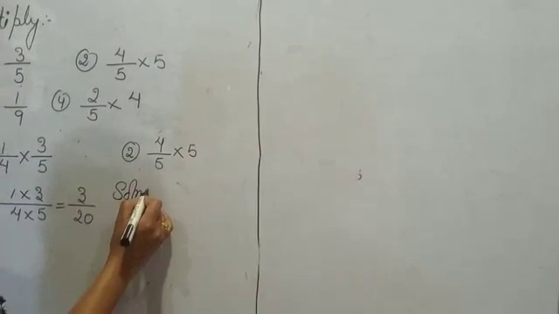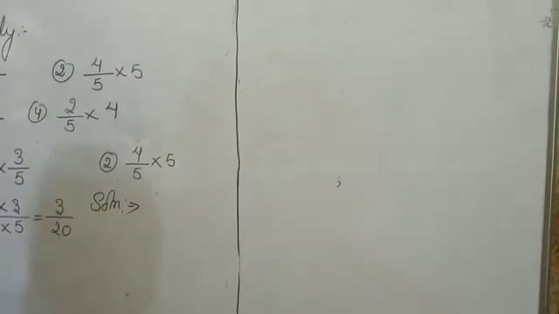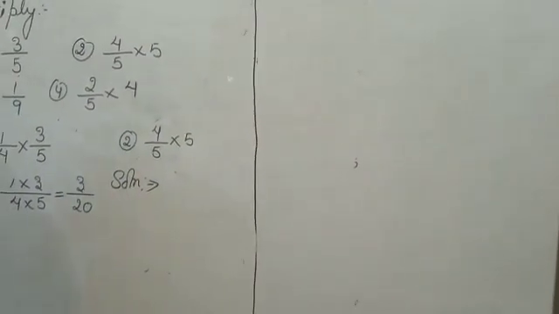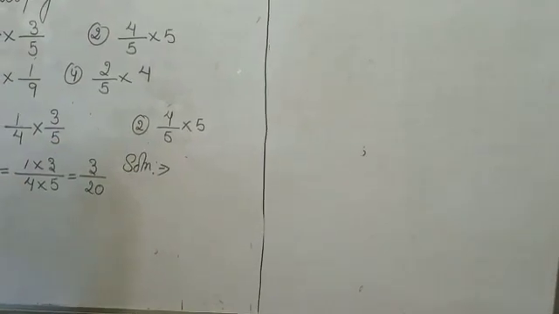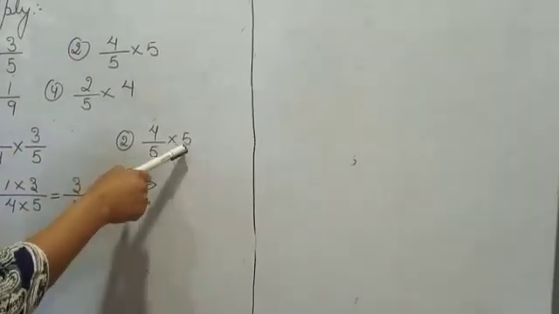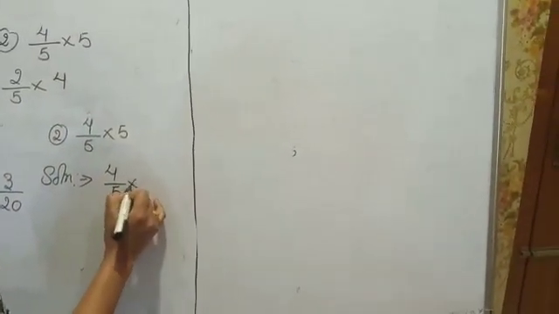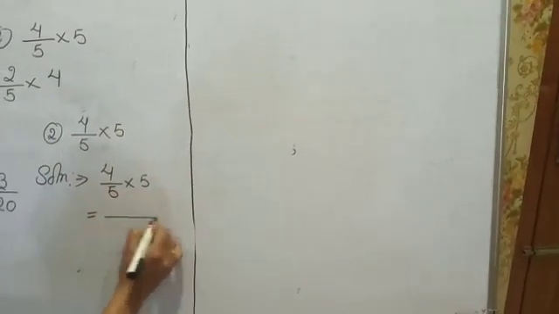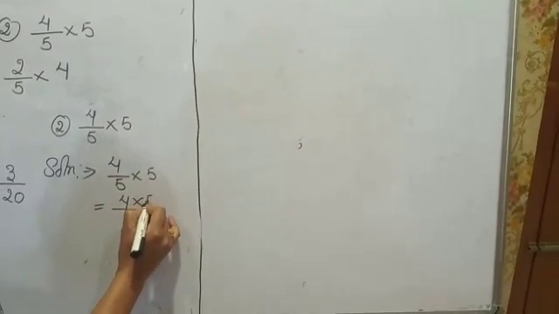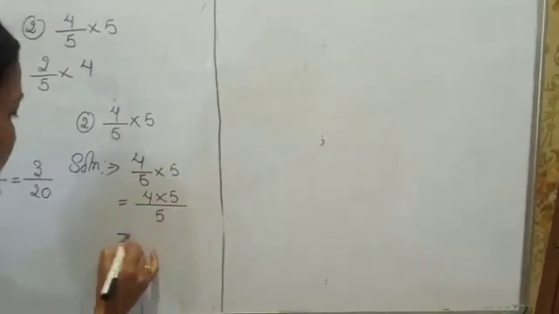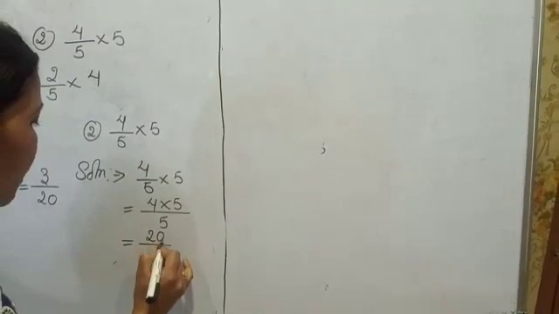To multiply a given fractional number by a whole number, we multiply the numerator by the whole number. Here the whole number is 5, so we multiply this whole number 5 in the numerator. 4 into 5 by 5 is 20 by 5.